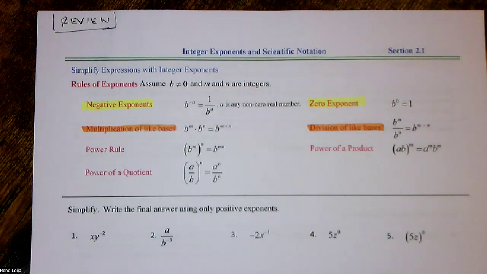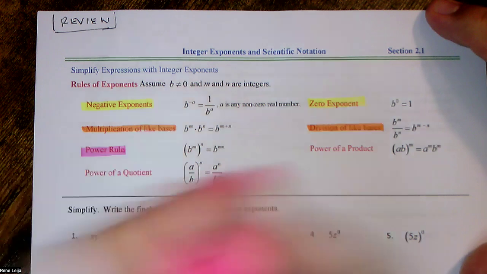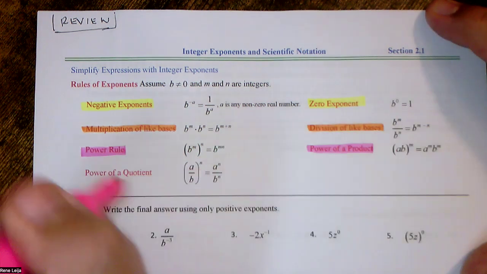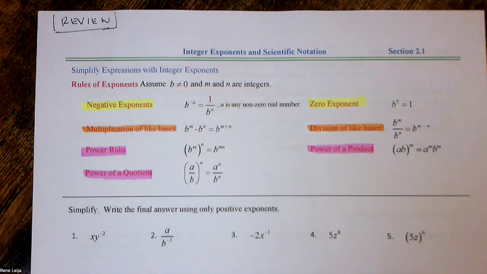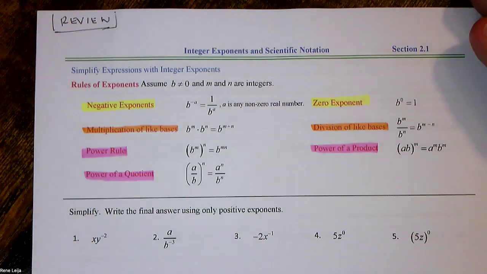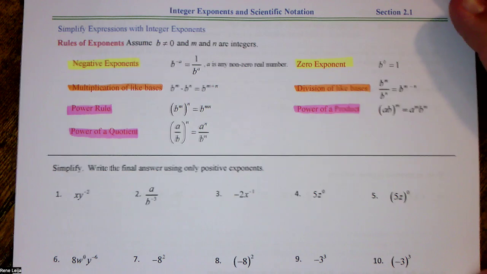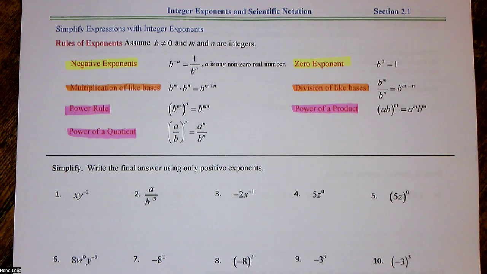That's the second type. And then we have the last one, which includes the power rule, the power of a product, and the power of a quotient. And so the more rules that are added to all of this, the more involved your problem can be. Okay. But we're going to take this step by step.